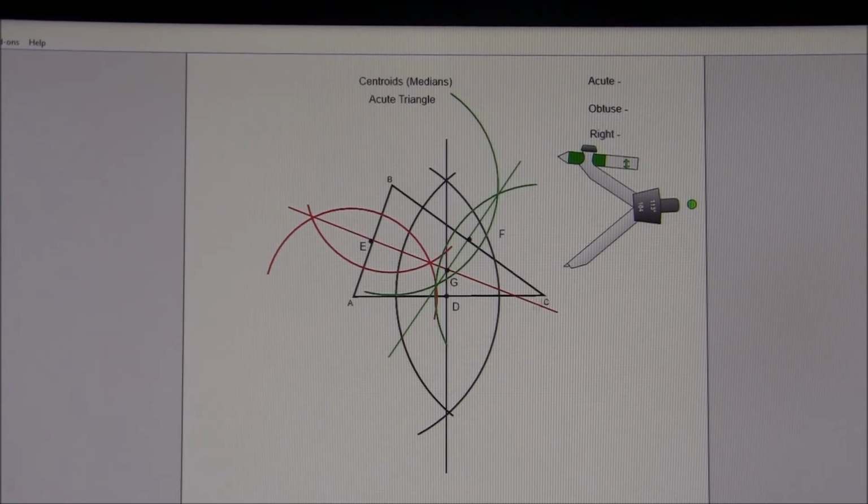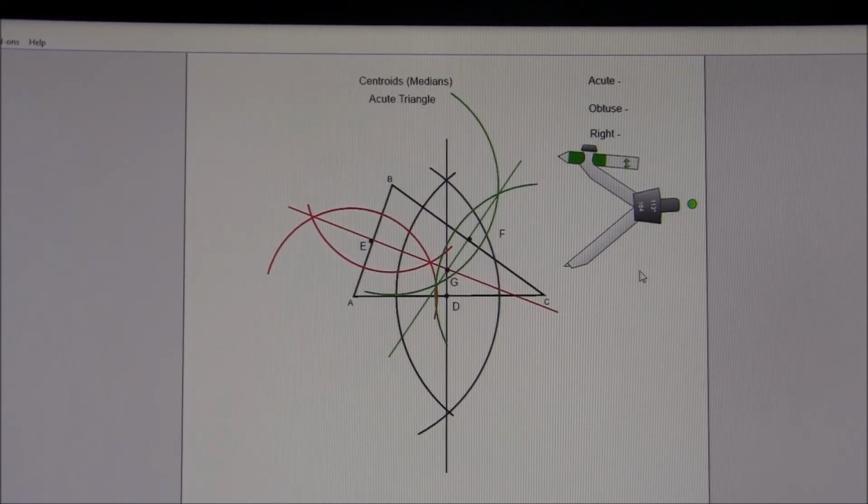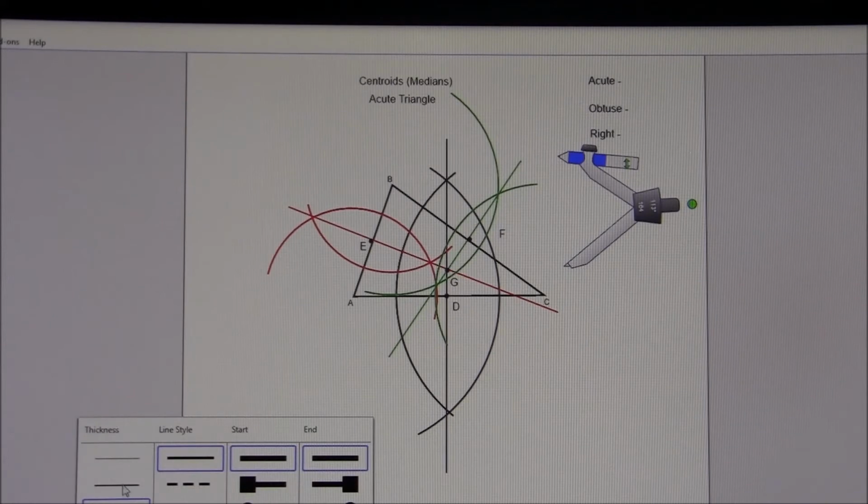Okay. So right now, the medians are from the vertex going to the center, from the vertex going through the center. So I'm going to do that in blue. Let's do blue right now, so you can see it.